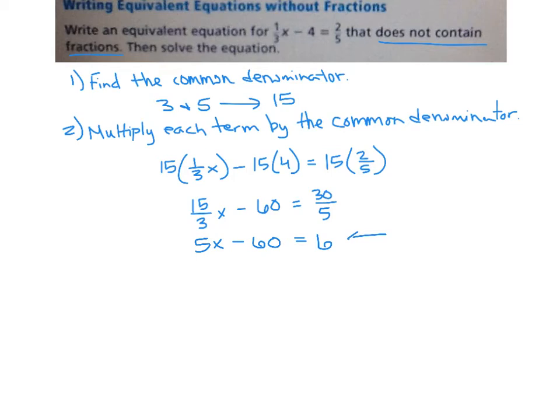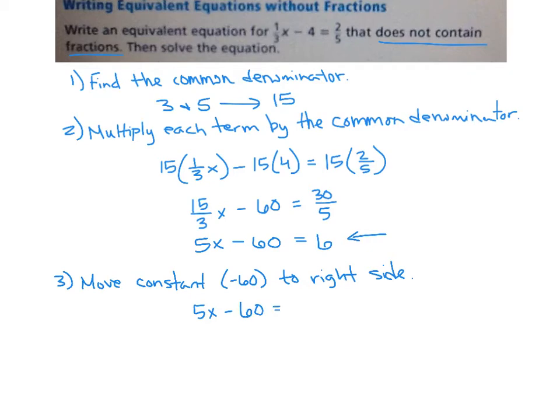The first thing we're going to do is move the constant, which in this case is negative 60, to the right side. Okay, so we have 5x minus 60 equals 6.